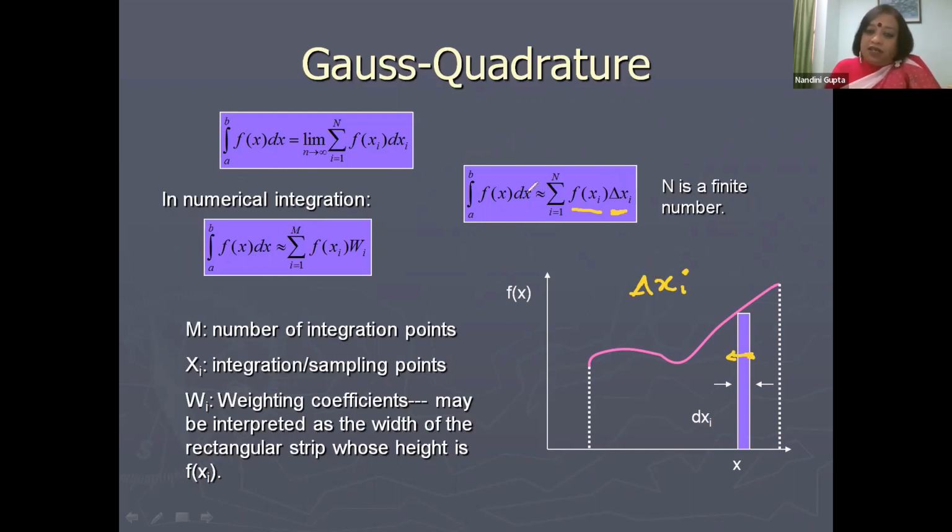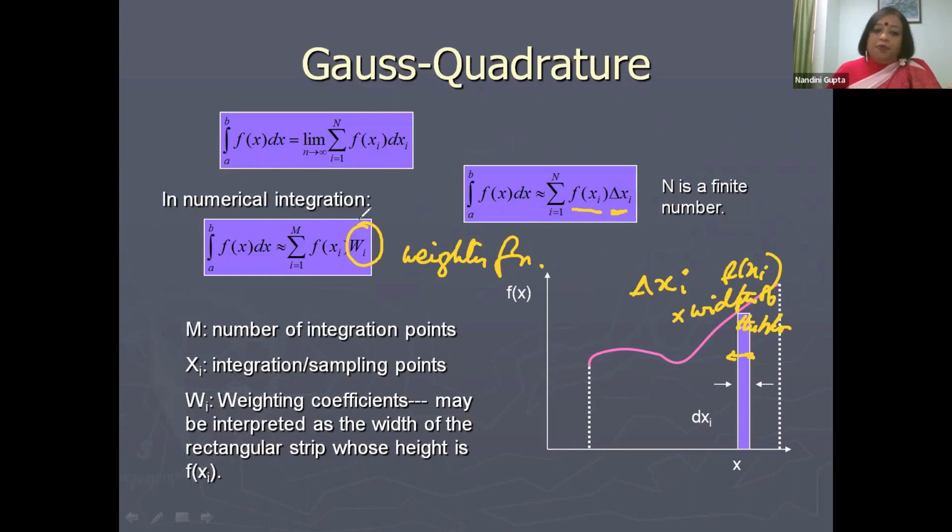Let me call it w, the weighting function. So essentially, you can think that this value of f at any point, f(xi), is being weighted by the width of the block that you take. Let me call that wi.